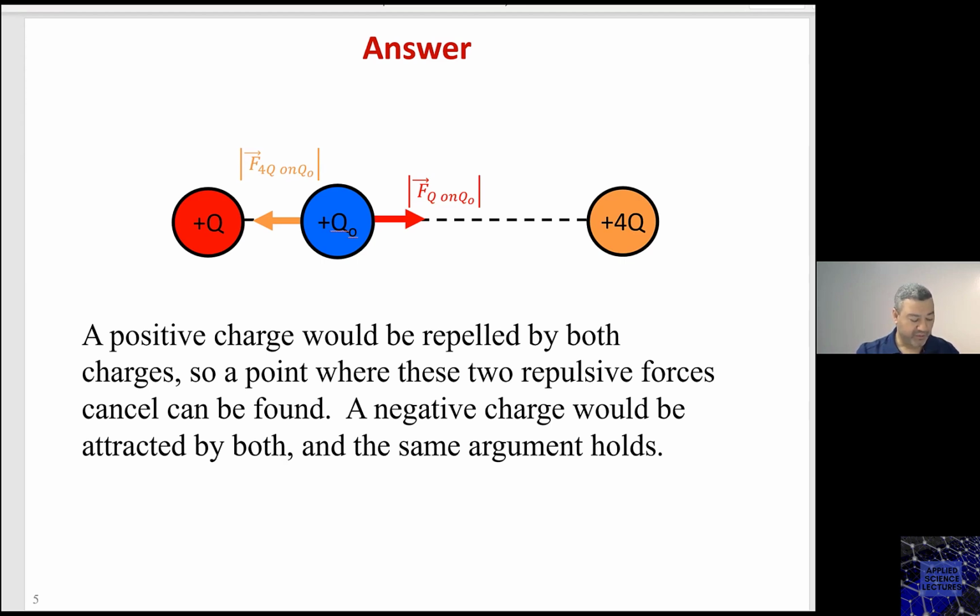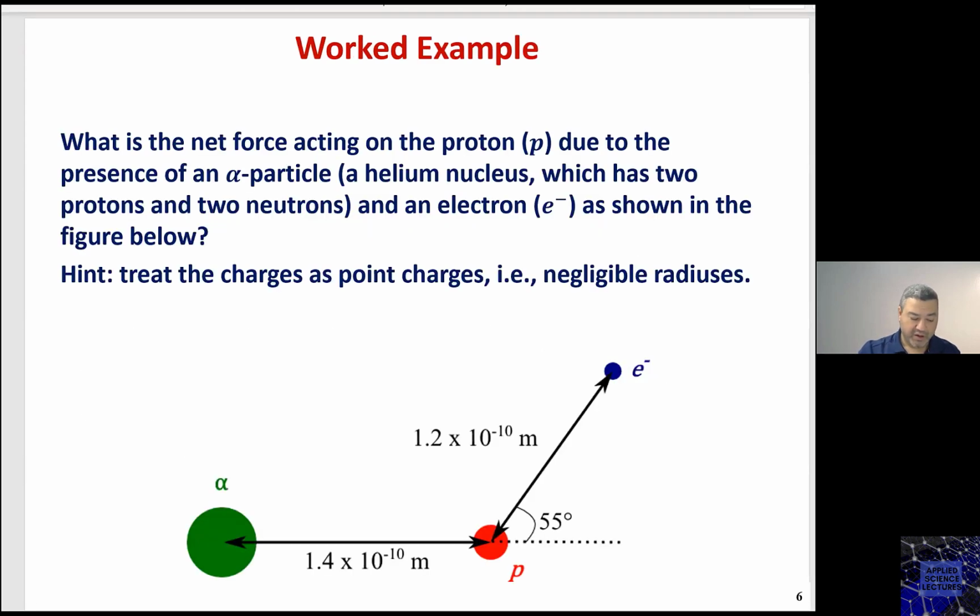Now let's move to this question. In this question, we need to calculate the net force exerted on the proton P due to an electron and due to an alpha particle, that is a helium nucleus, which has two protons and two neutrons.